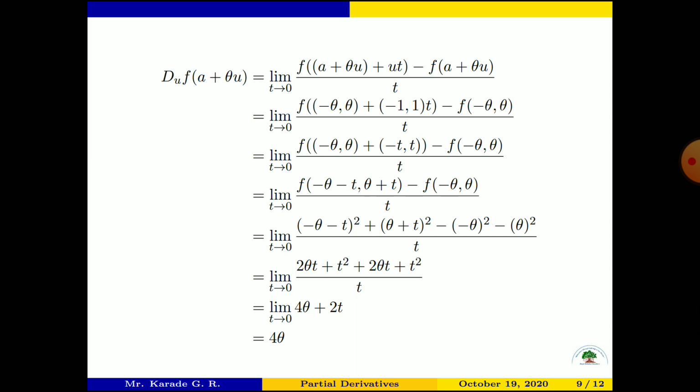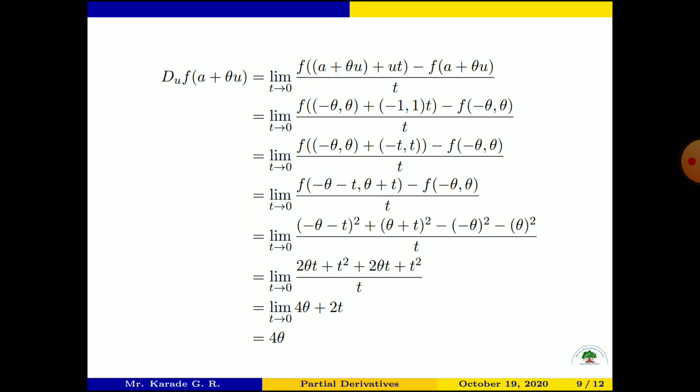Now write the directional derivative of f at point a plus theta u in the direction of u. By the definition of directional derivative, it is written like this: it is equal to limit t tends to 0 f of a plus theta u plus ut minus f of a plus theta u divided by t.